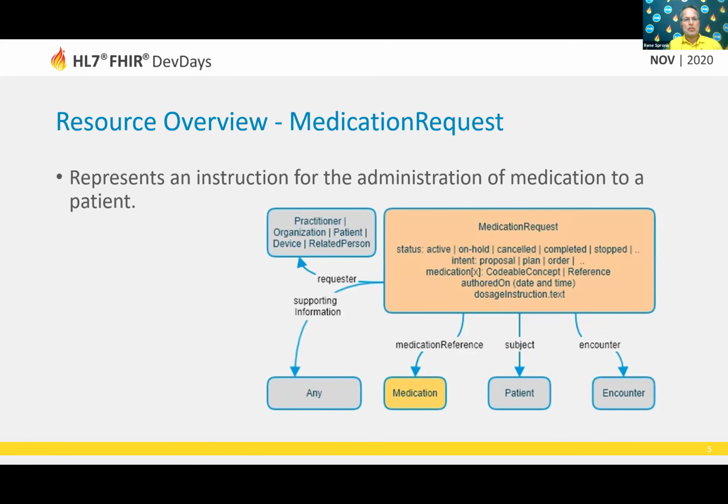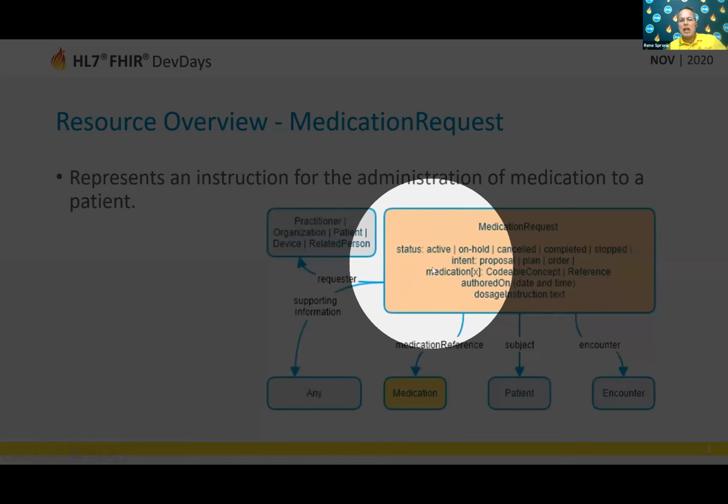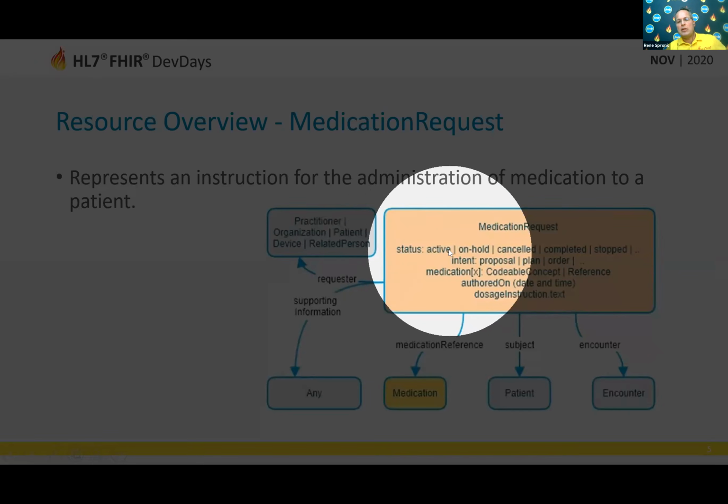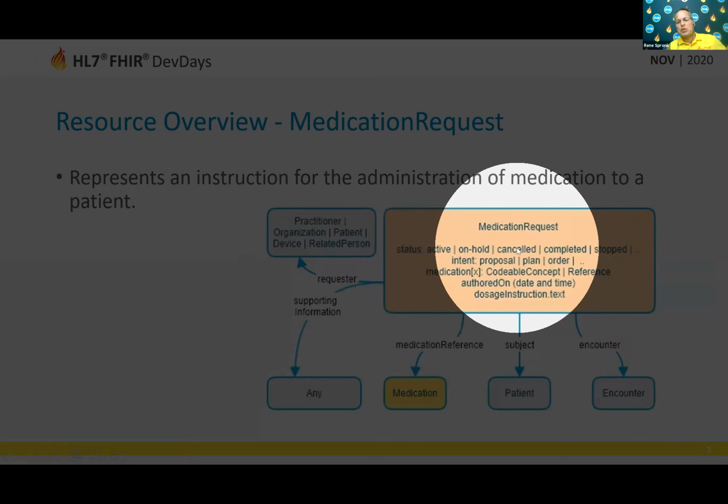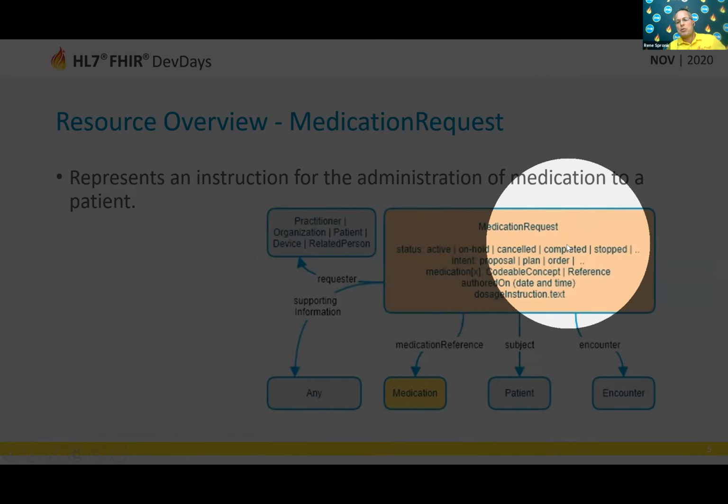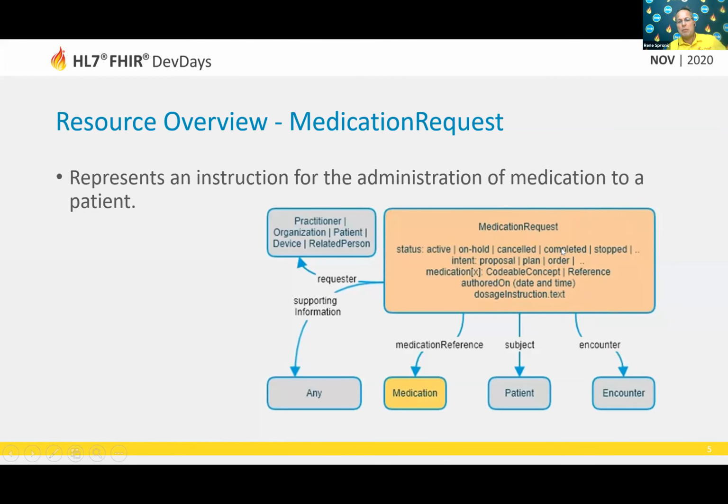Now, looking at the workflow itself, it will start with a medication request. And the medication request, mostly known as a prescription, is shown here as being an activity that has a status. Is this an active prescription? Has this prescription been cancelled? Is this prescription completed? In other words, have we actually supplied the patient with the medication?